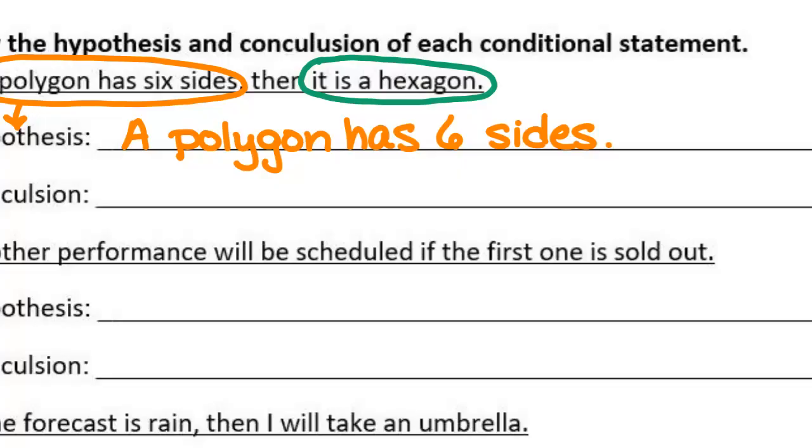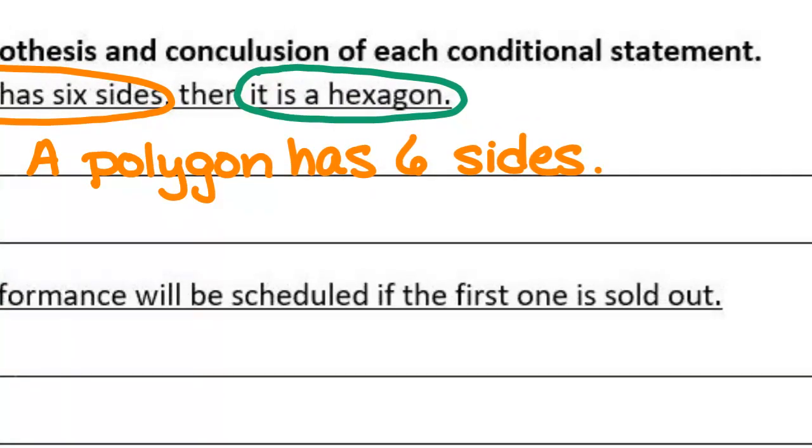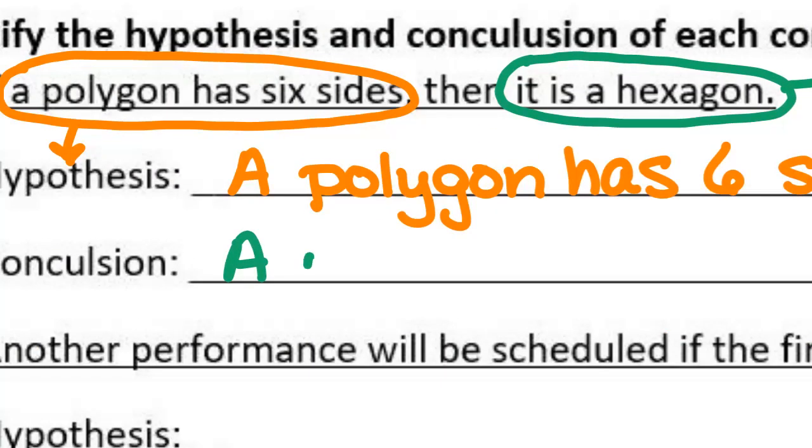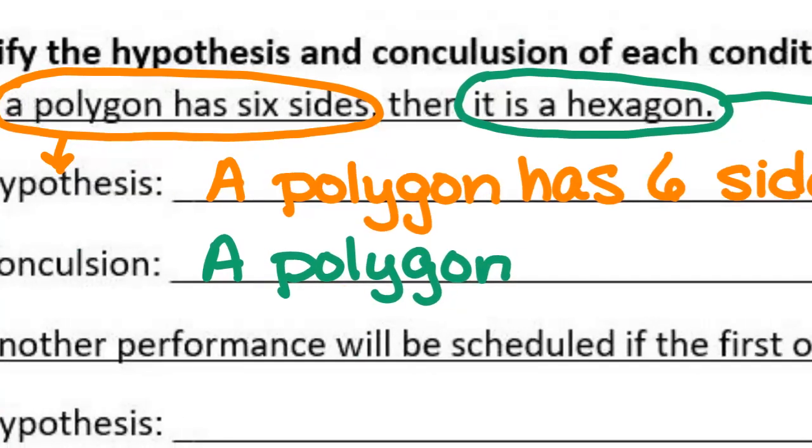What is the it here that we're talking about? A polygon. So I would say a polygon has 6, or is a hexagon. A polygon is a hexagon.